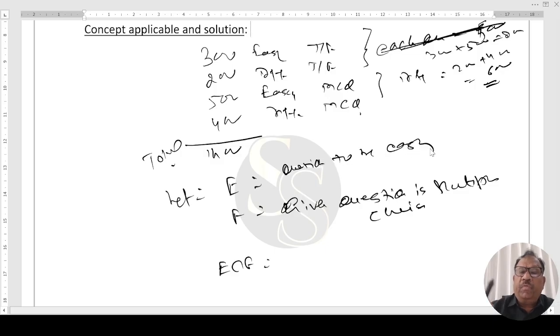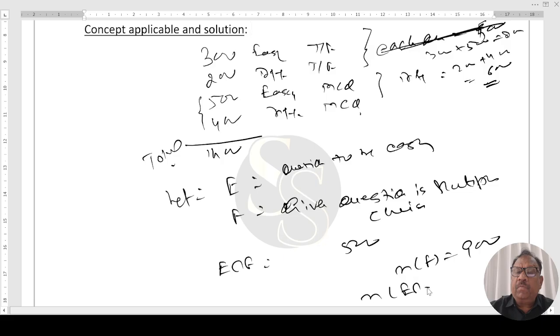So we have to find easy and multiple choice questions, which is 500. Given question is multiple choice, how many multiple choice questions are there? 900. So N of F is 900 and E intersection F, easy and multiple choice, is 500 common.